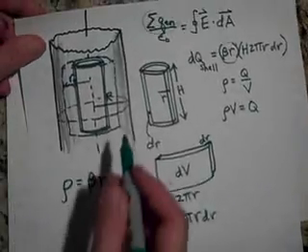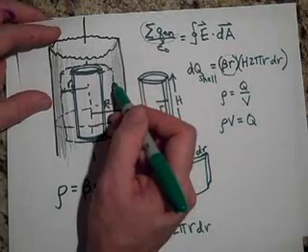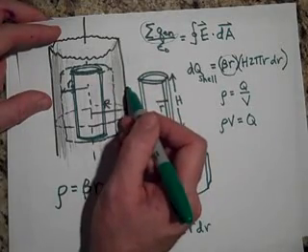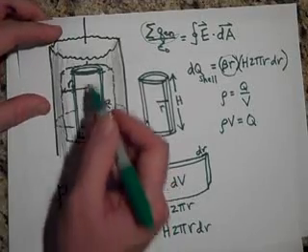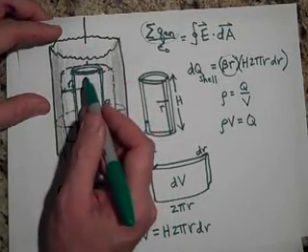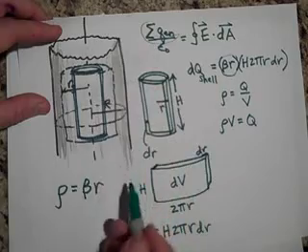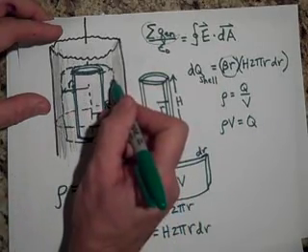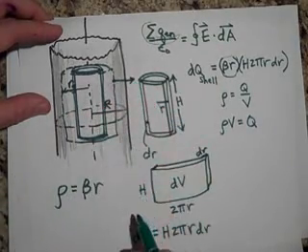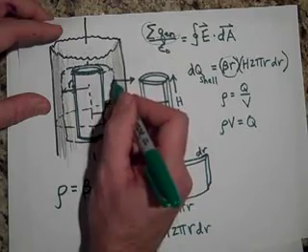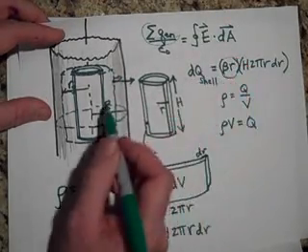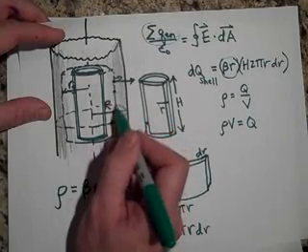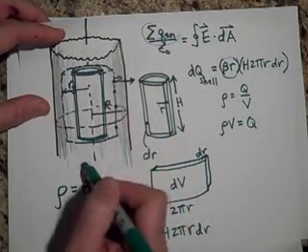Now E, at every location, is parallel to dA, except for the top and the bottom, where the dA is straight up and the E is out that way. So the E, like right here, is this way, and so is the dA. So I can get rid of the dot product. I can argue that the E isn't any stronger here than here, than here.